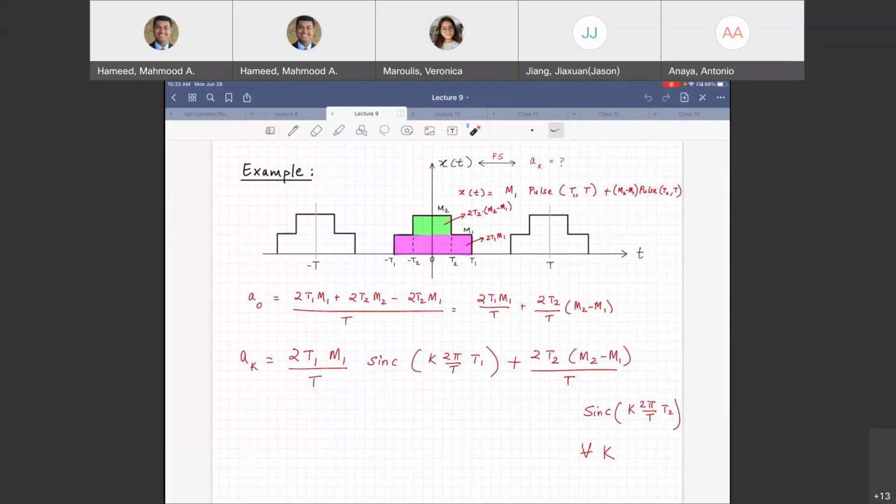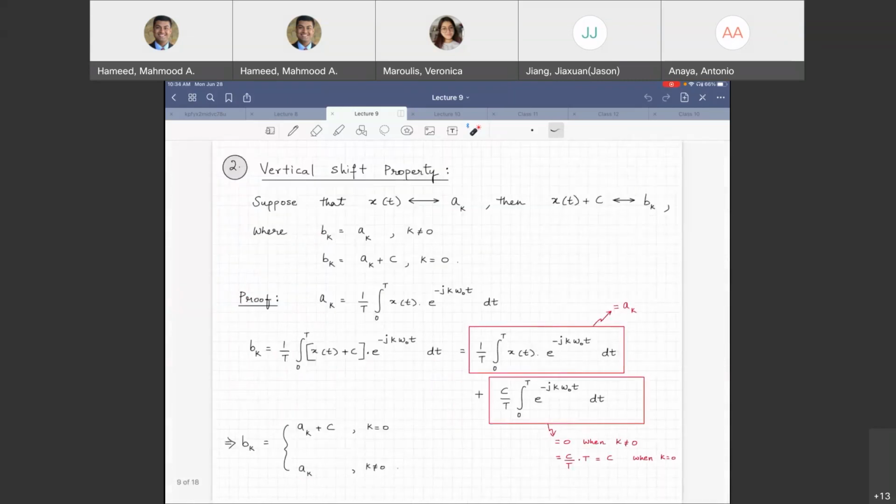We literally broke it up into two pulse trains. We know the standard result for one pulse train, and then we use that twice, with the linearity property, to find the Fourier series coefficients of this one pulse over the other periodic waveform. That's where we stopped, finding A sub k using the linearity property.